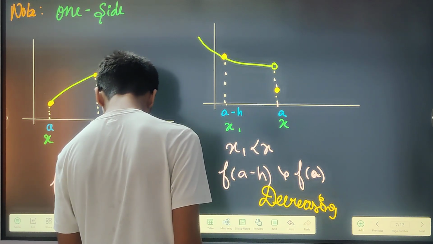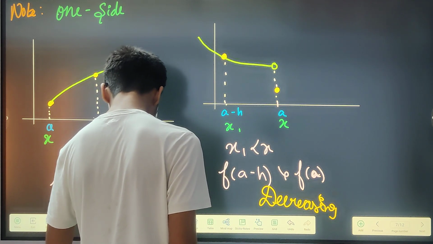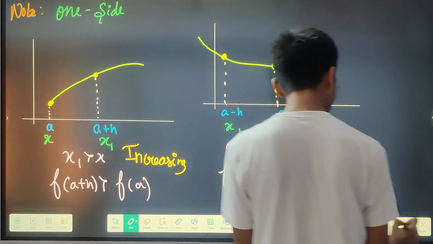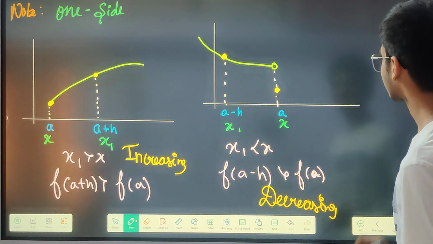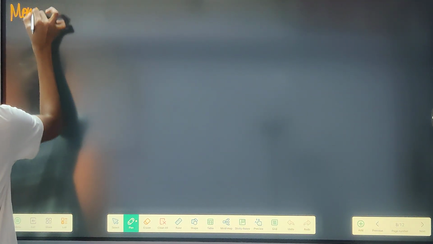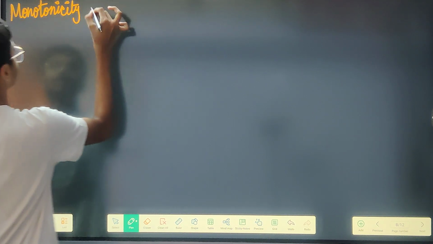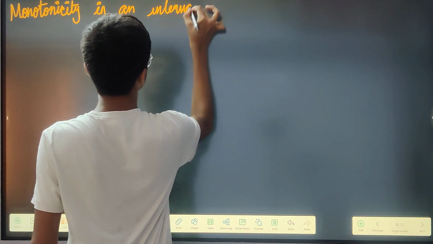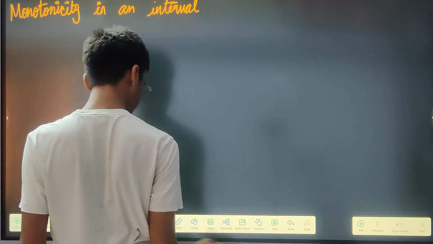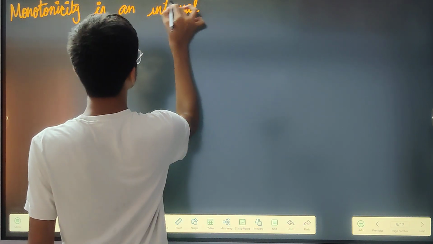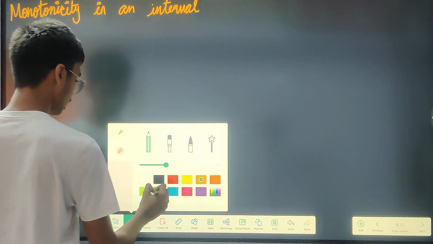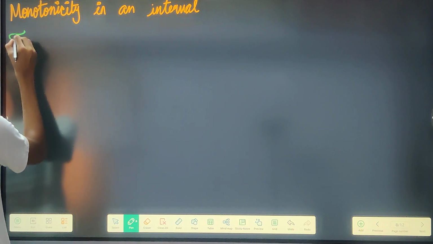Then what else do we have? Okay, so monotonicity in an interval. What about monotonicity in an interval? So here we are having increasing functions.